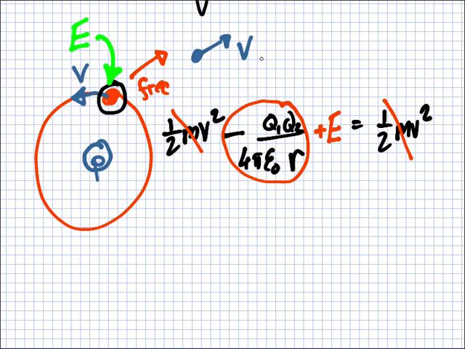Now if you wanted to just skip that step and at the very beginning just say the energy needed to be free is potential energy, that's fine. Because remember, that's what I explained the meaning of negative potential energy was. If the potential energy is minus some number, then that's how much energy you need to give it to free. Okay? So you don't need to write it like this, I just thought I'd show you. So the energy to free it is just this.